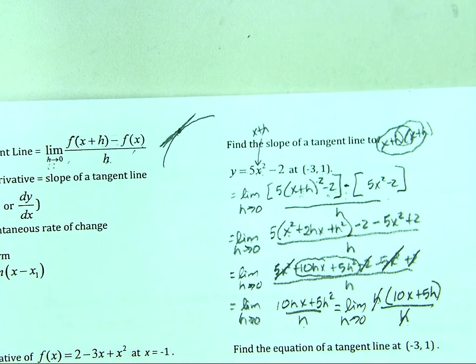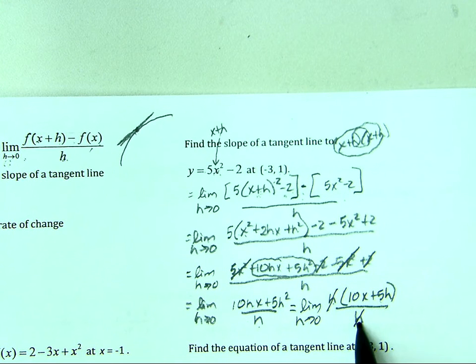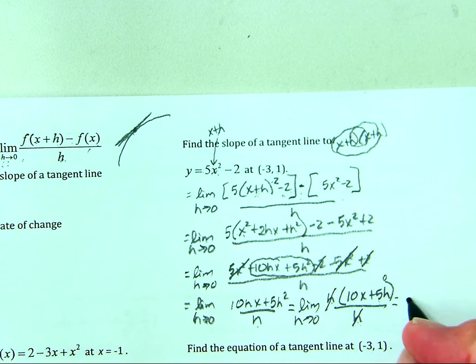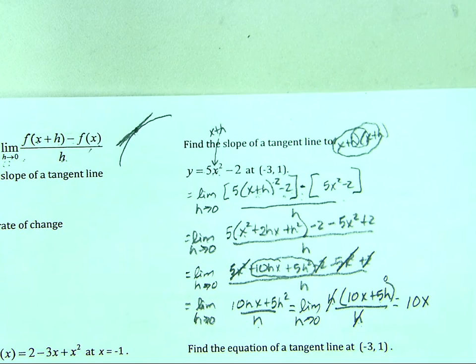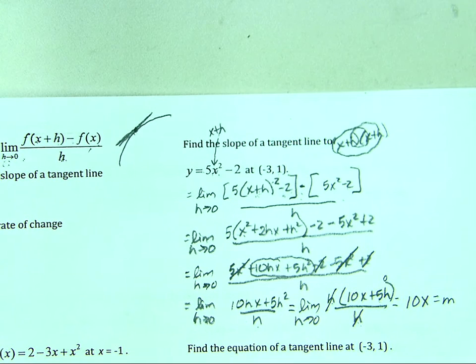We can divide top and bottom by h. We're just left with that. We got rid of our denominator, so now we can do direct substitution. If I put 0 in for h, I get just plain 10x. So that's our slope. We had to do all that to find our slope.